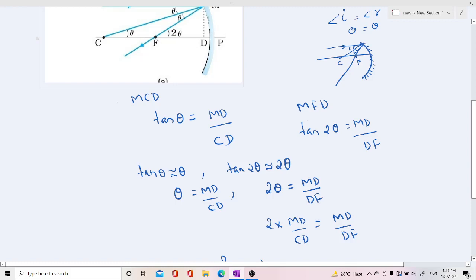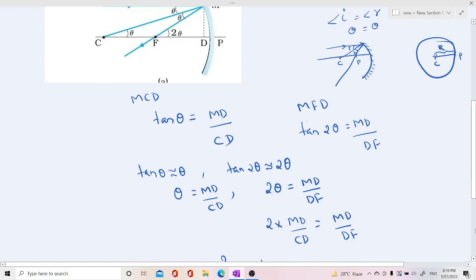If we consider a spherical surface, the center of the sphere is the center of curvature, and the distance between the center of curvature and the pole is the radius of curvature. We can consider this spherical mirror as a circle. This is the center C, and this is P. This length gives the radius of curvature.